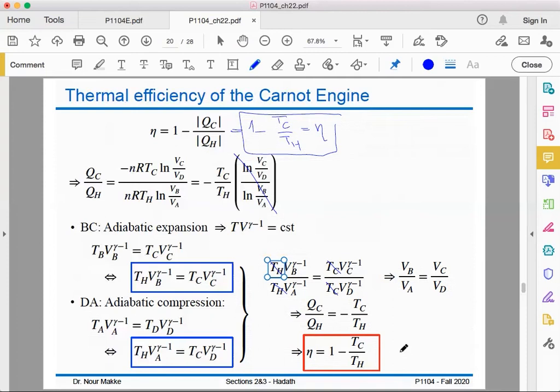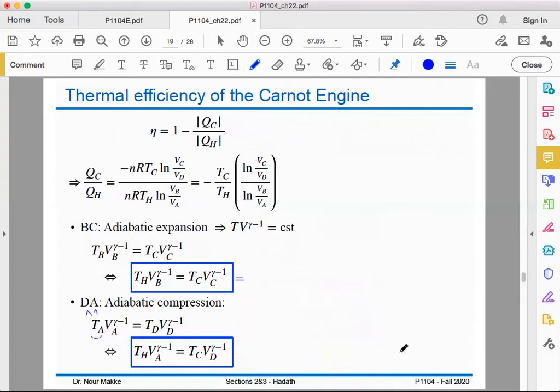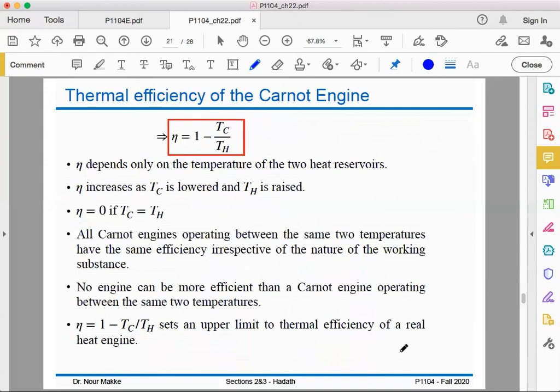So it only depends on the temperature of the two reservoirs. It doesn't depend on anything else. And this is the power of the Carnot cycle. So again, eta only depends on the temperature of the two heat reservoirs. And as you can see, eta increases as TC is lowered and increases as TH is raised.